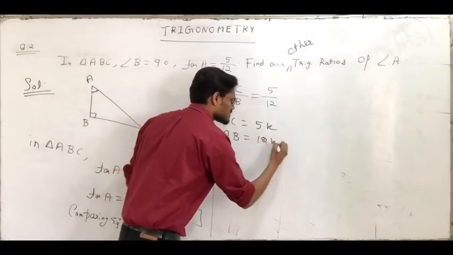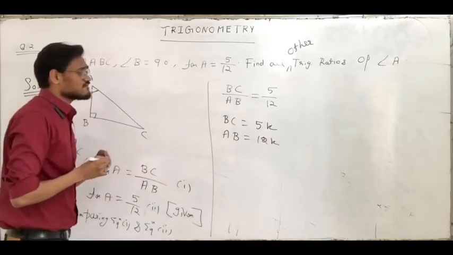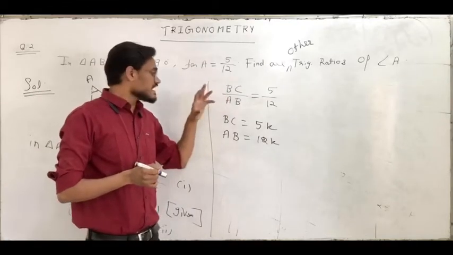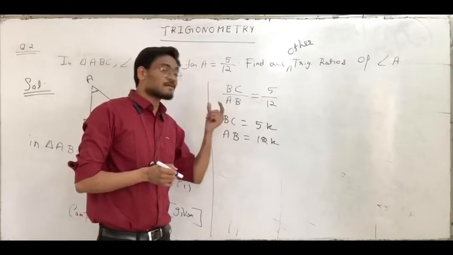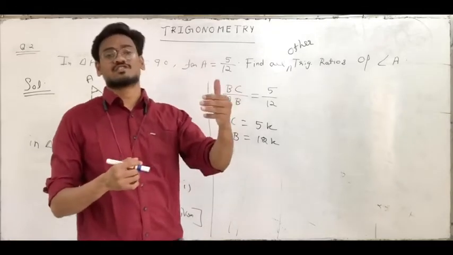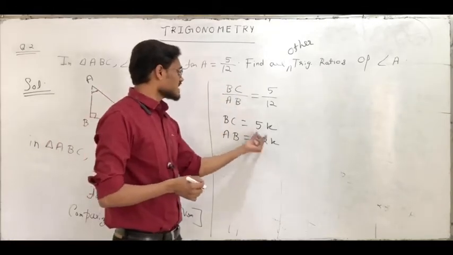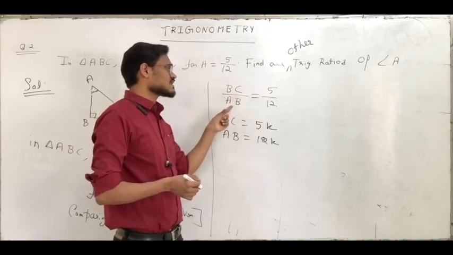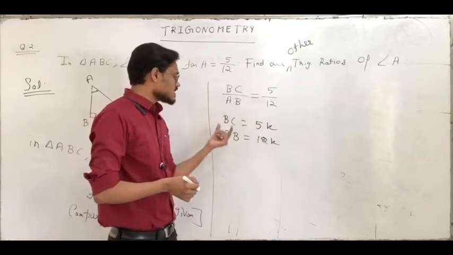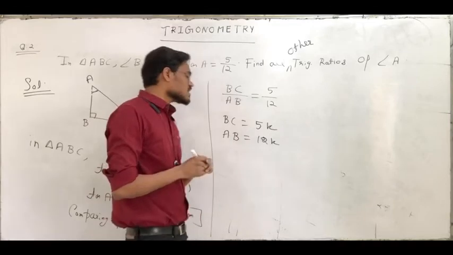Whenever we are given a ratio, we can assume that particular thing by multiplying with a constant. If you put 5K and 12K, K is going to cancel out, you will get 5 by 12. So let us assume BC is 5K and AB is 12K.